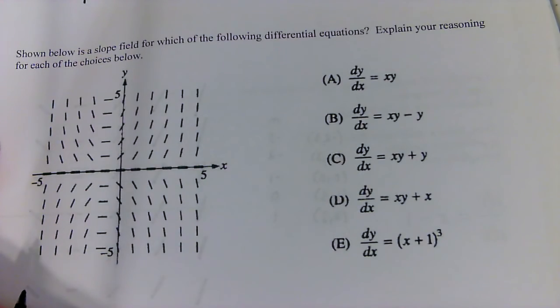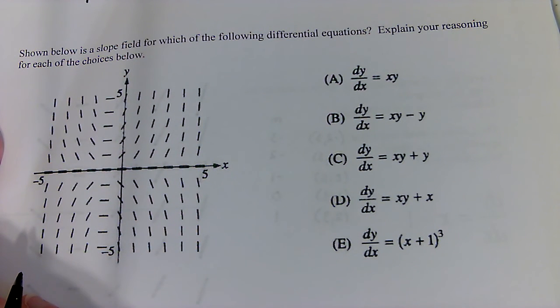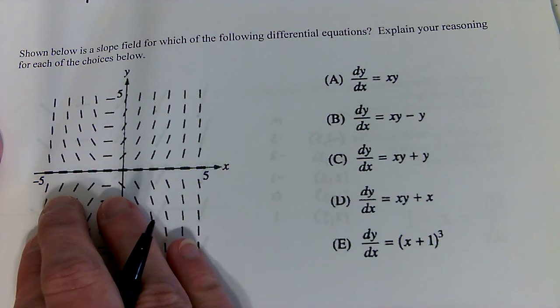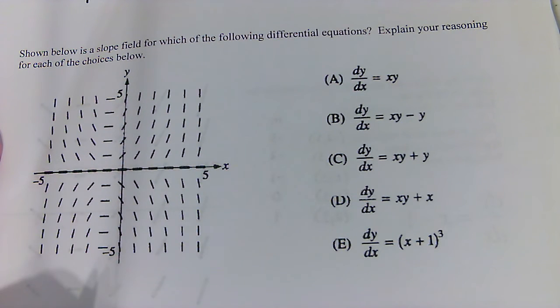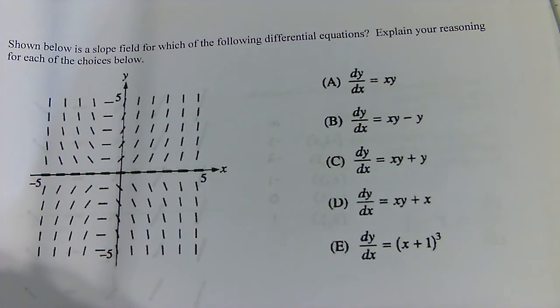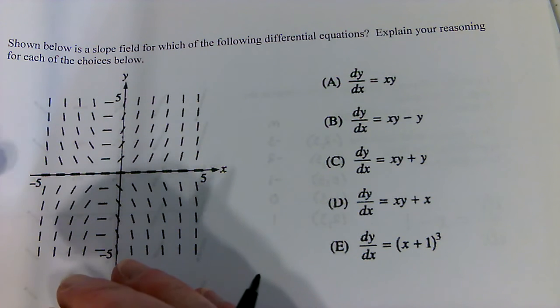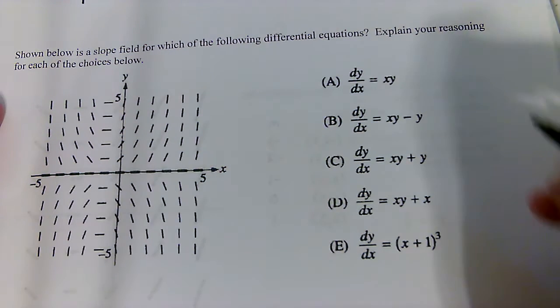Their favorite way of asking these also is in the multiple choice. Here's the slope field. Which of these could be it? Now, one way to look at these is to note when there's 0. So you would pick maybe a point where the slope is 0, and find all of the values that get it 0.